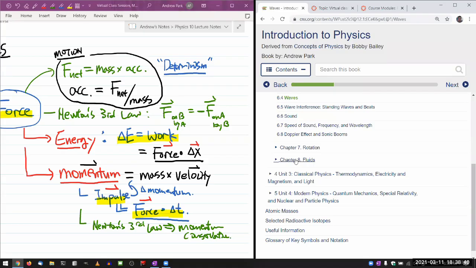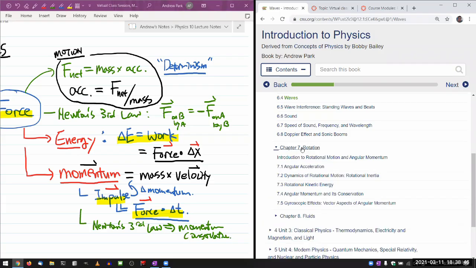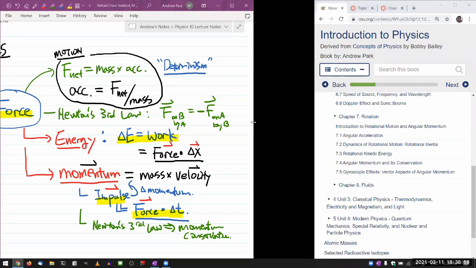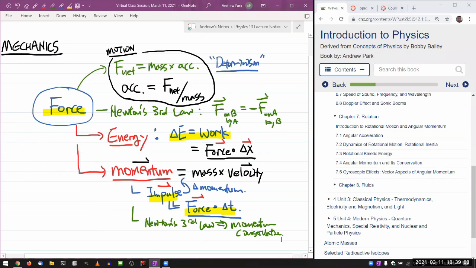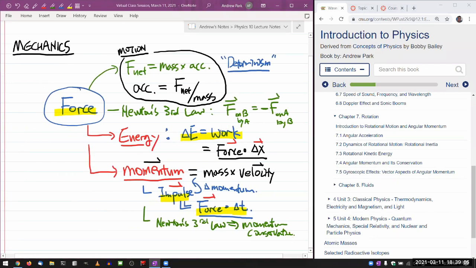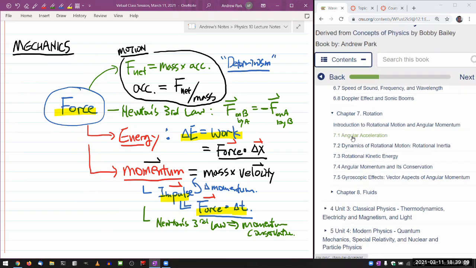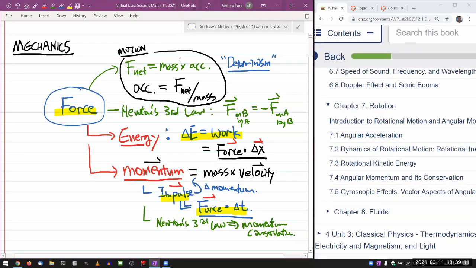And as we're wrapping up this recap of mechanics, I will say this. I want you to notice how many of the things that we talked about in mechanics before get brought back in rotation, except with a slight tweak. So before, we talked about acceleration as a way of describing motion.